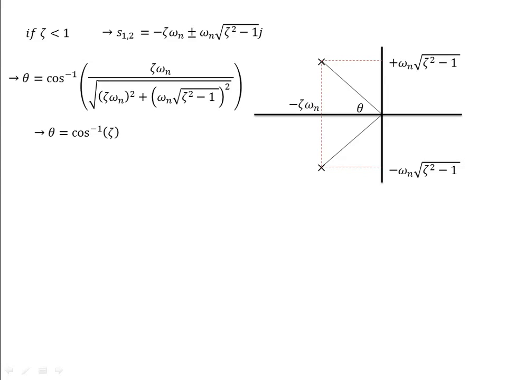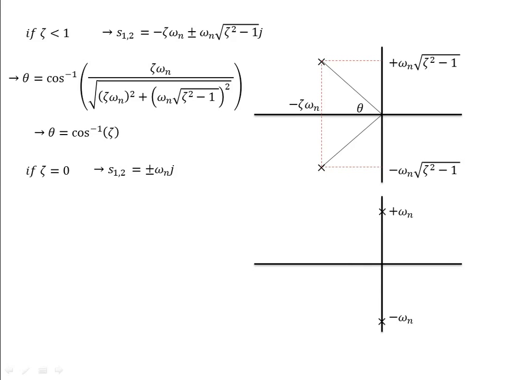For example, if we look at zeta equal to 0, theta will be 90. When theta is 90, these poles will be on the imaginary axis. Again with zeta equal to 0, we have S1,2 equal to plus or minus omega n j.